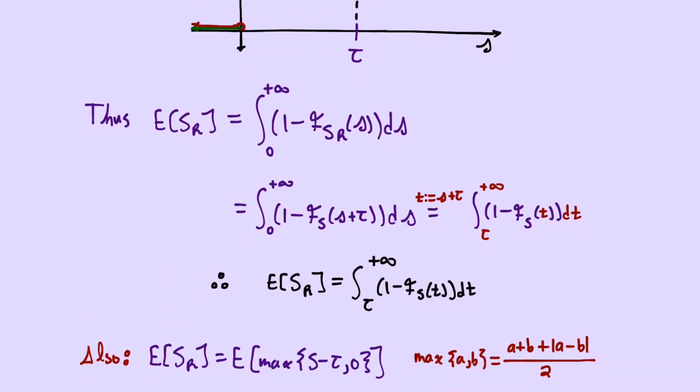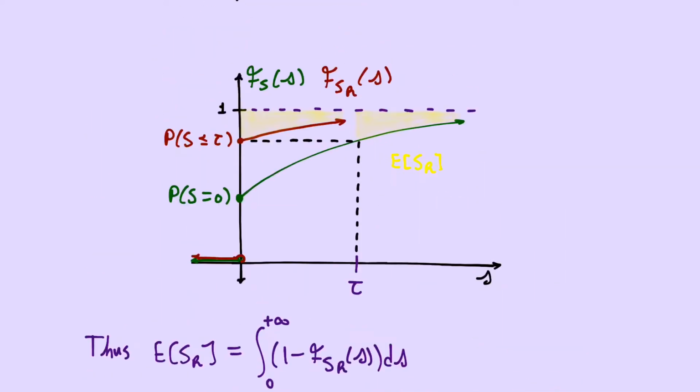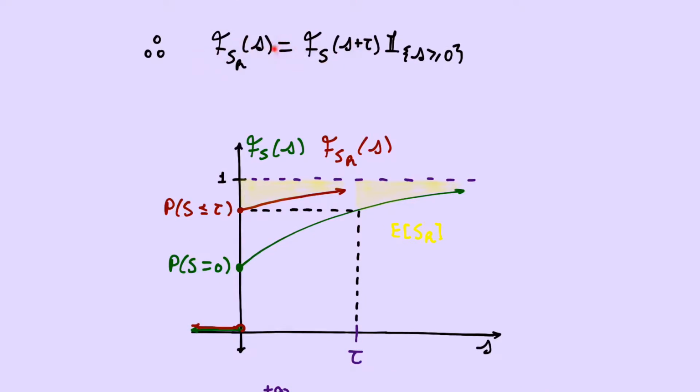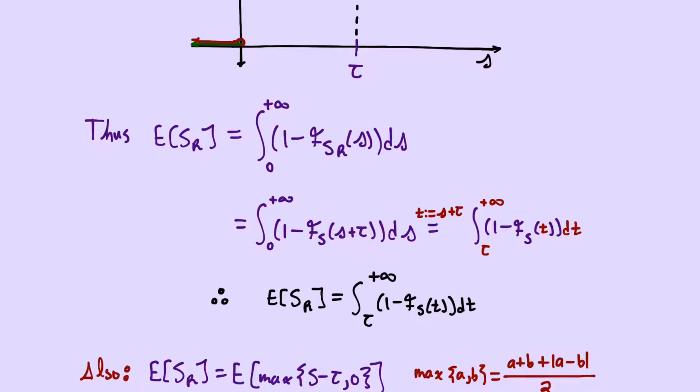And then if we substitute that expression, F of SR evaluated on little s being equal to F of S evaluated on s plus tau, we will have the same integral, but integrating the value 1 minus F of S, not F of SR, F of S evaluated on s plus tau. And then if we define this new variable, t equal to s plus tau, the differential of this new variable would be the same as the differential of the variable s.